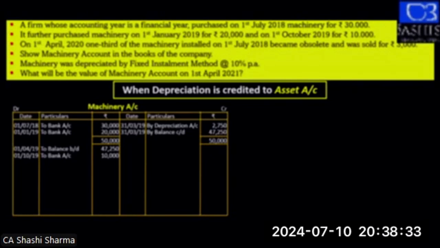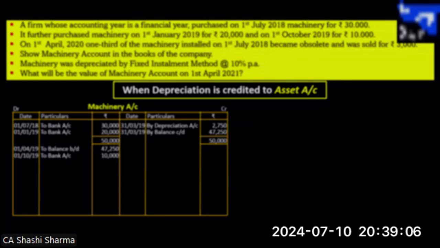The transaction relating to sales occurred in 2021. Look at the date in the third line. 1/3 of the machinery was sold on 1st April 20. So once again, we will have to calculate depreciation.